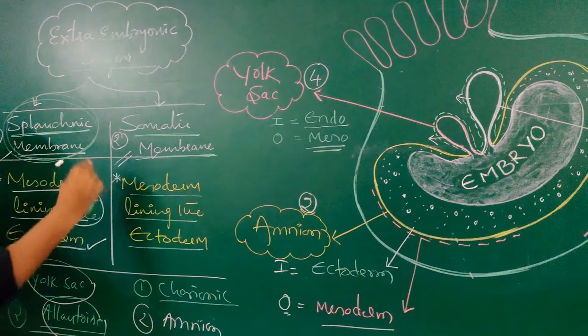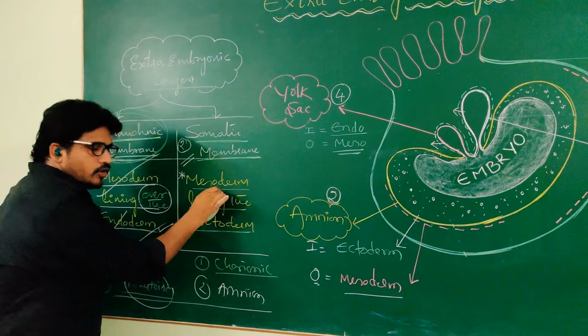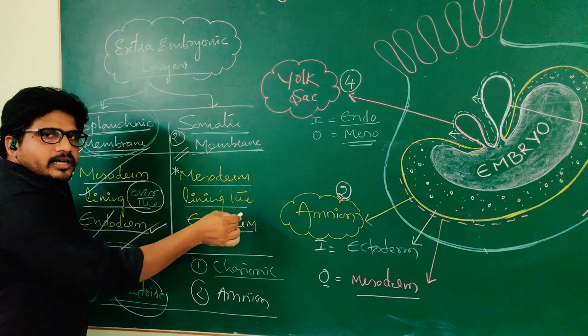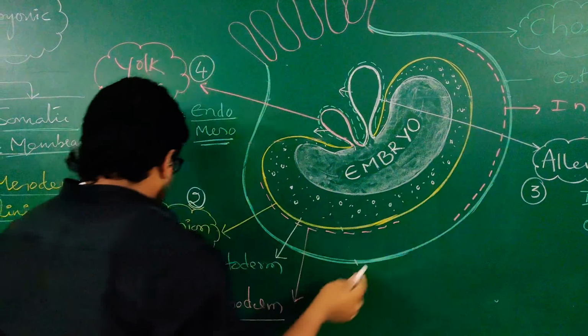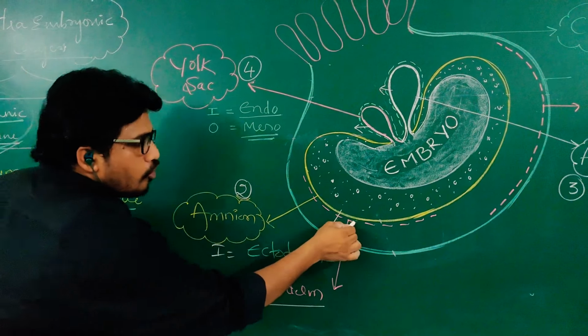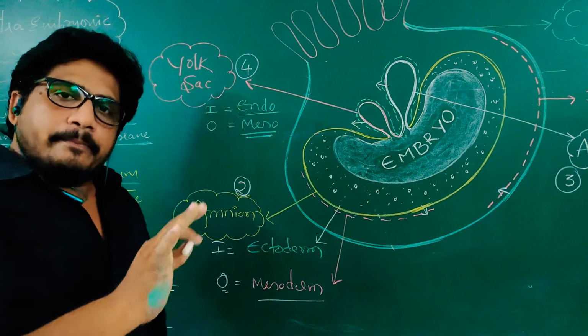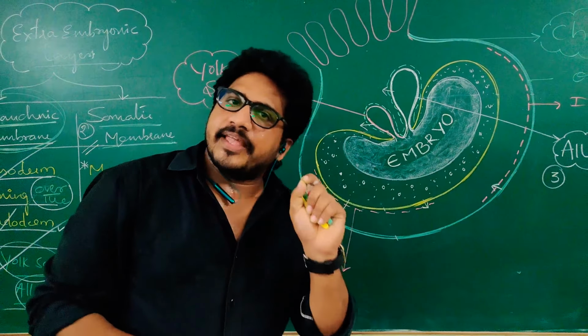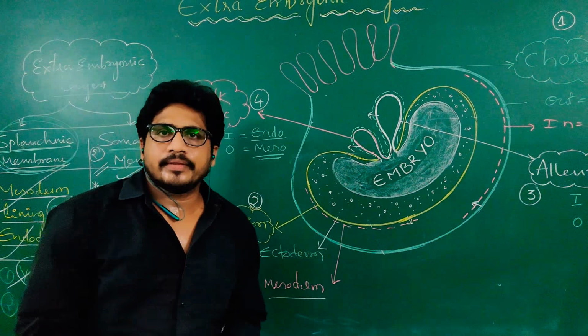So this concept is clear. Whereas here, the mesoderm in the chorion is underlining, while the same mesoderm in the amnion is overlining. It is above and it is below. That is the difference. But if mesoderm is lining the ectoderm, then that is a type of somatic membrane.